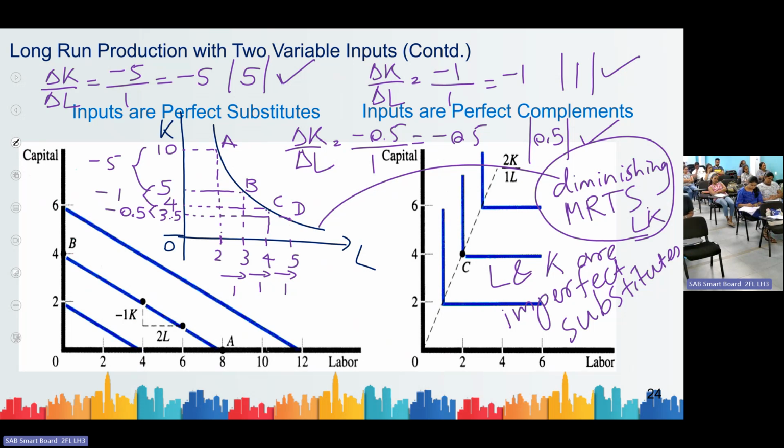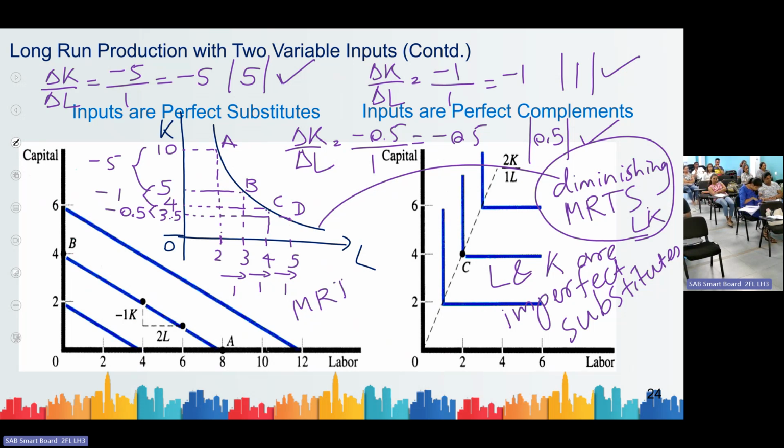When capital and labor are perfectly substitutable, the isoquant curve will look like this, a straight line which takes the same marginal rate of technical substitution.